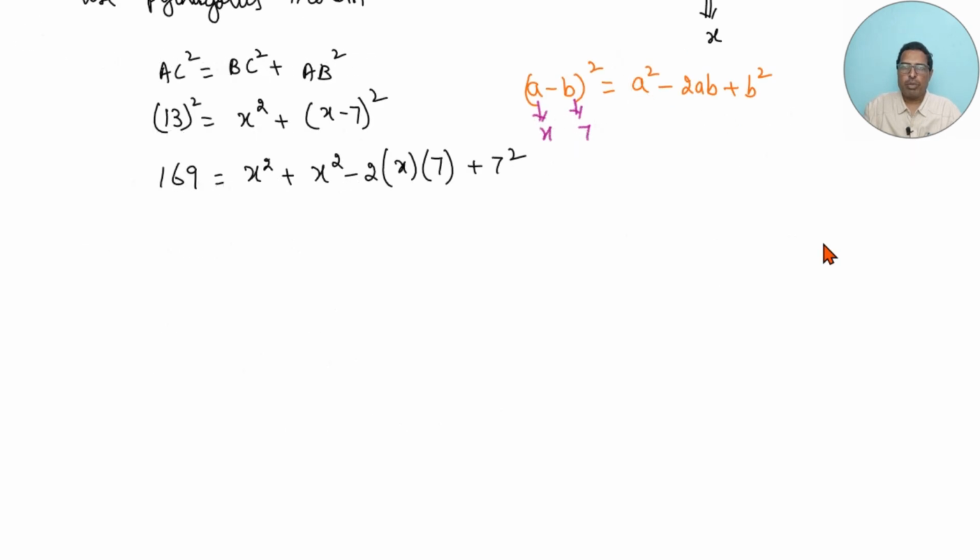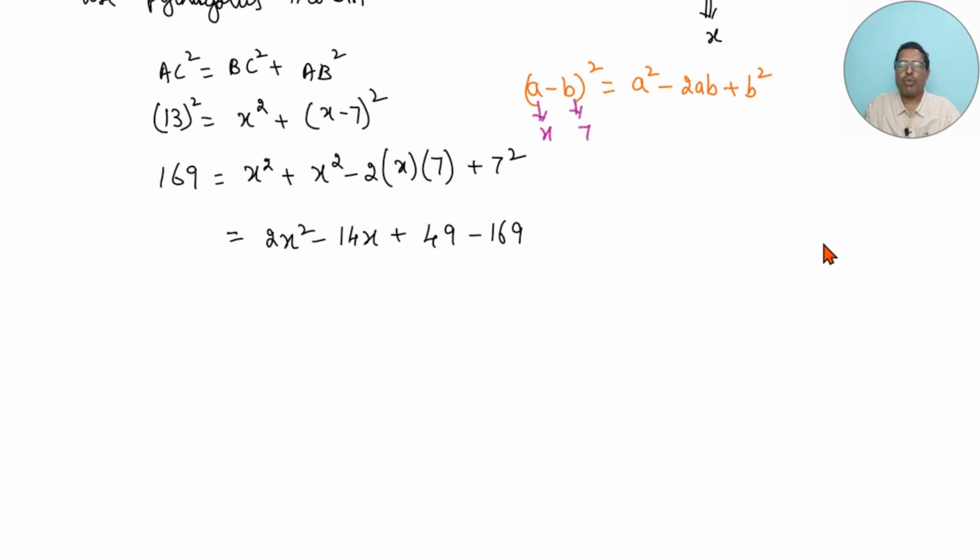Let us try to simplify this one. x square plus x square will be 2x square, minus 7 times 2 will be 14x, plus 7 square will be 49. This 169, let us take it on the right hand side, it becomes minus 169.